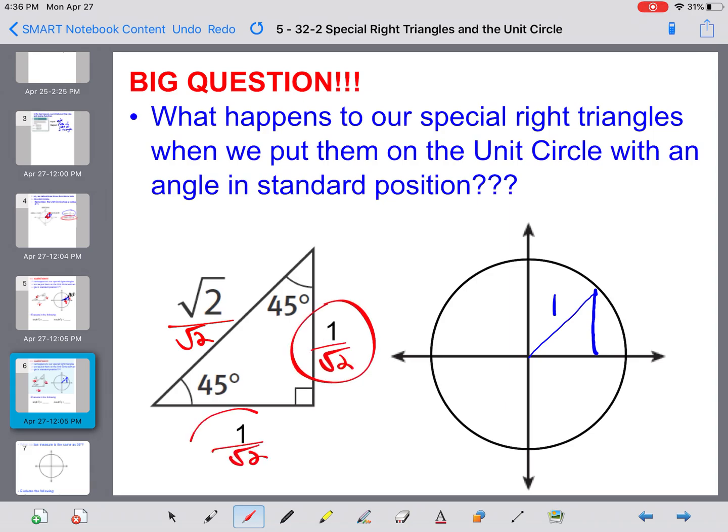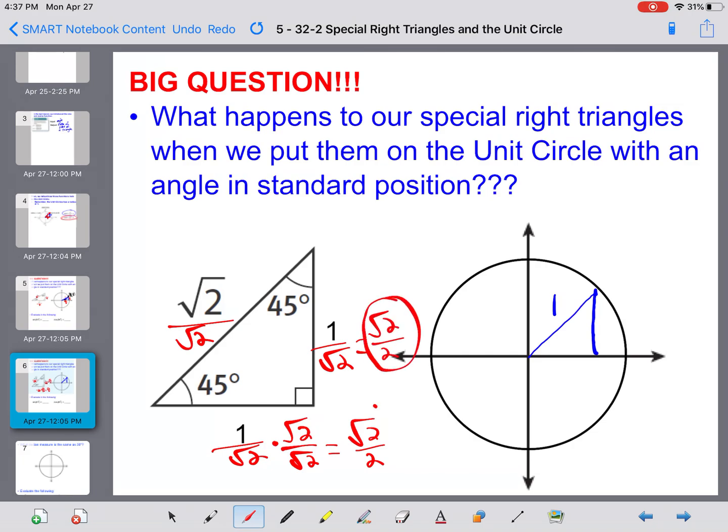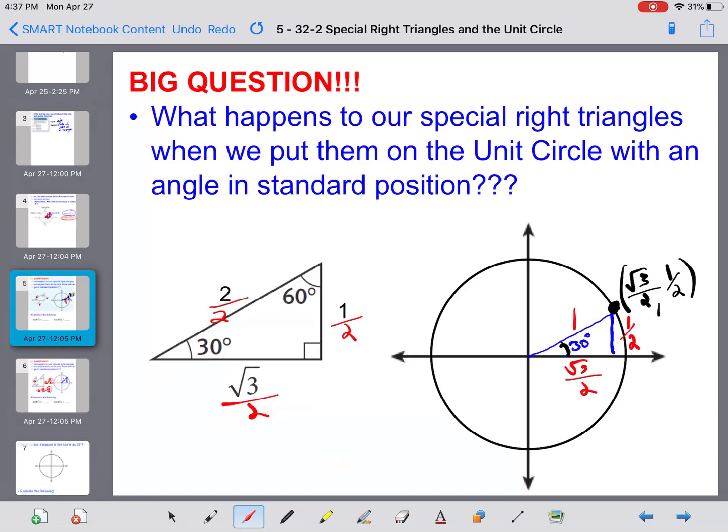The nice thing about the 45-45-90 is that these two sides are going to be the same. If you might remember from earlier this year, we don't like radicals in the denominator. So if I rationalize this, multiply by root 2 over root 2, I'm going to get root 2 over 2 for both of these sides, right? So just like I did here, I'm using my special right triangle to get sides of the triangle.